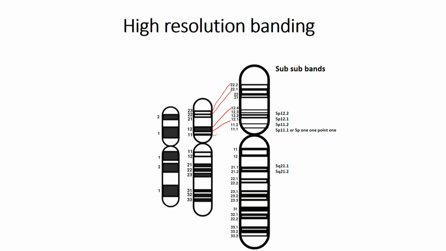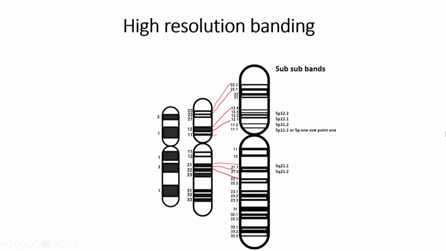Same way, in the other arm also you have 11, 12, 21, and 1.1 to 1.2. That means this is subdivided into 2 bands. You can see here, this is subdivided into 2. Same way 2.2 is subdivided into 2 bands.